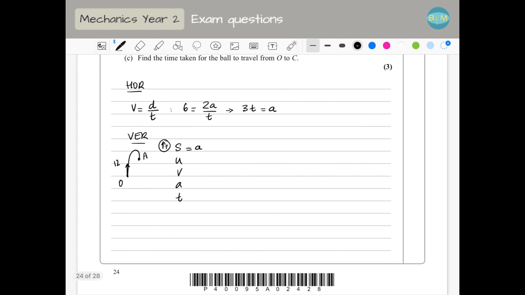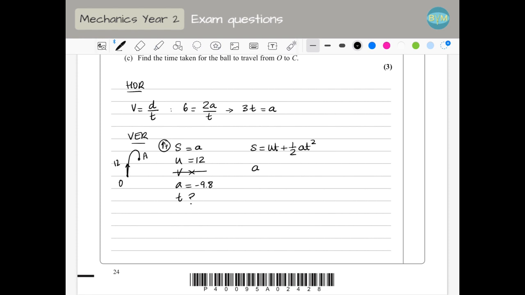The initial velocity is 12, and it is positive because I say positive is up. We don't need the final velocity. The acceleration is minus gravity, because gravity is always down and I say positive is up, and time is what they ask for. So if we write a SUVAT equation without v, we have this one, to connect the variables that we have.